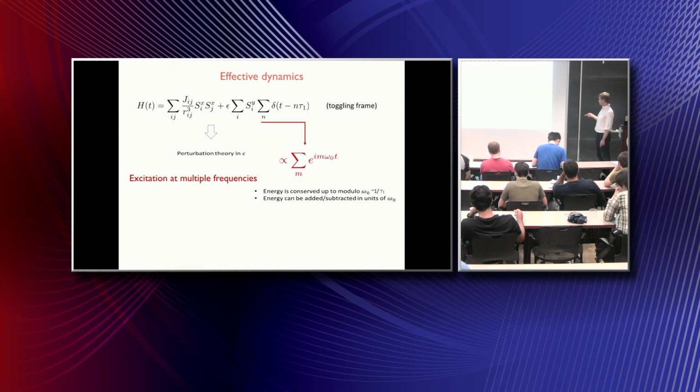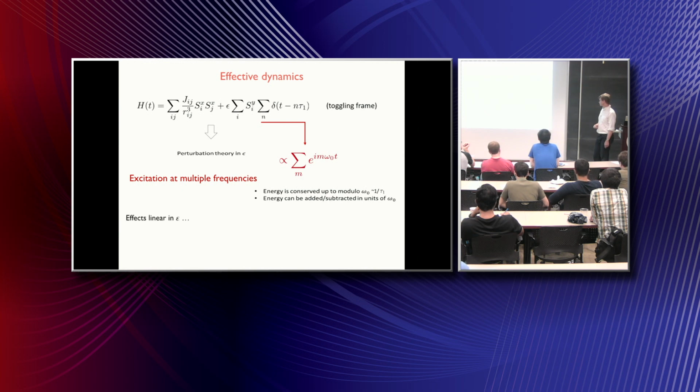Here the energy is conserved up to modulo this fundamental frequency omega 0. Essentially, due to this periodic driving, the system can change its energy in units of omega 0. The energy can be added or subtracted, because we have this periodic external field which drives the system.